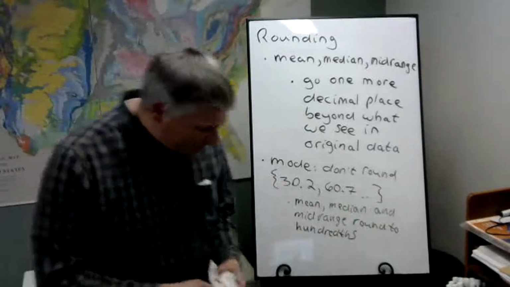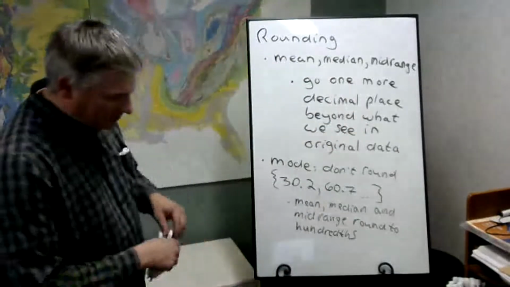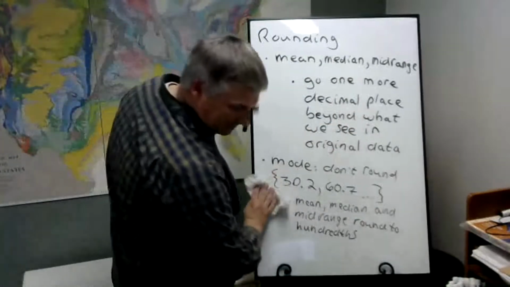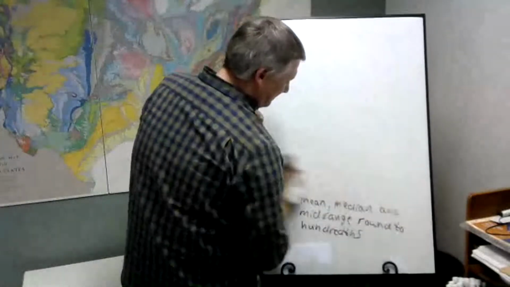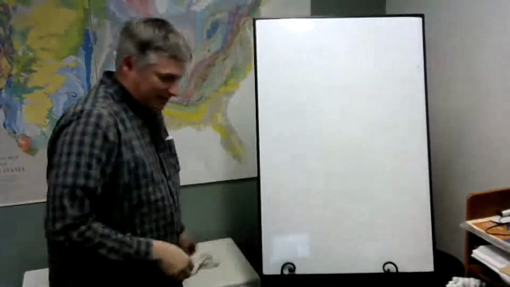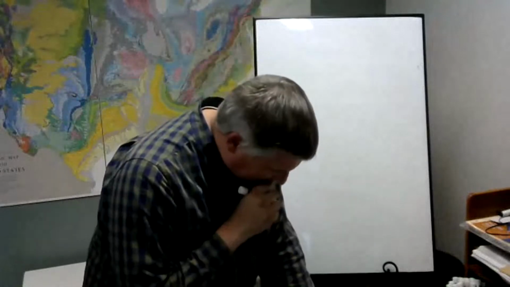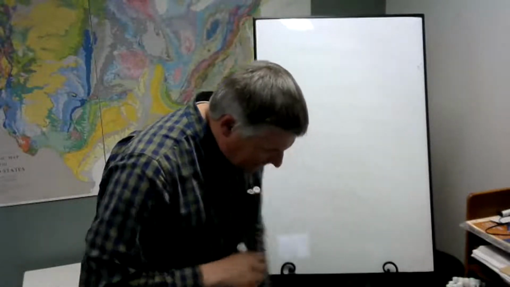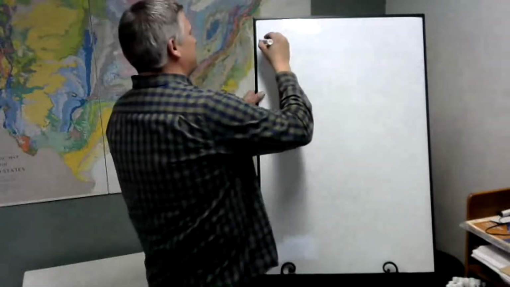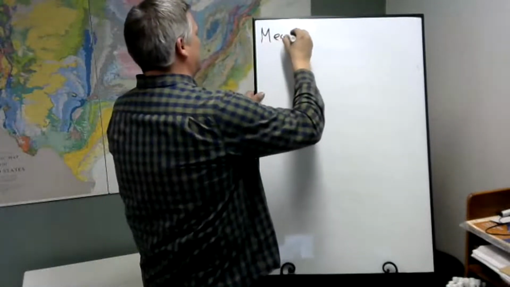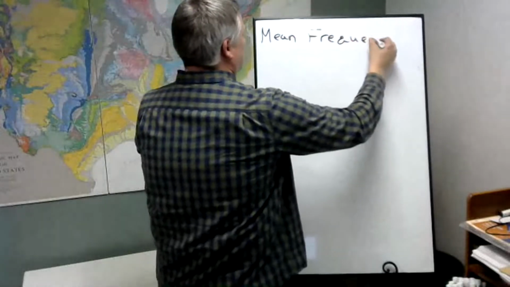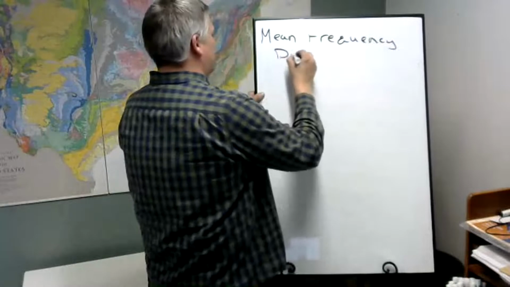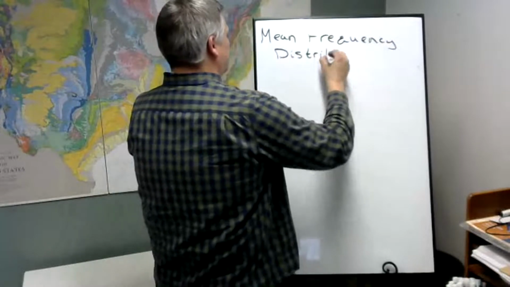Now, there's some special measures of center here, and I'll go over these. The first one is the frequency distribution. We want the mean of a frequency distribution.